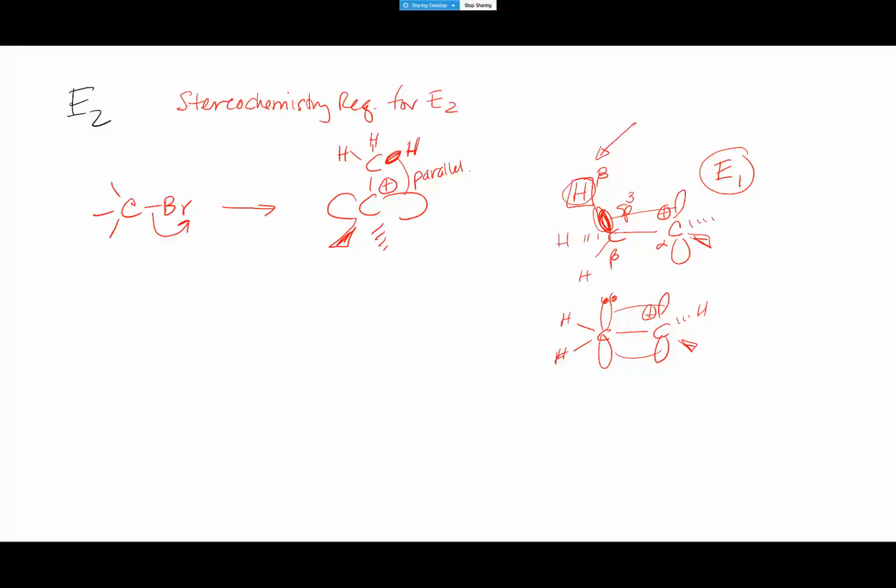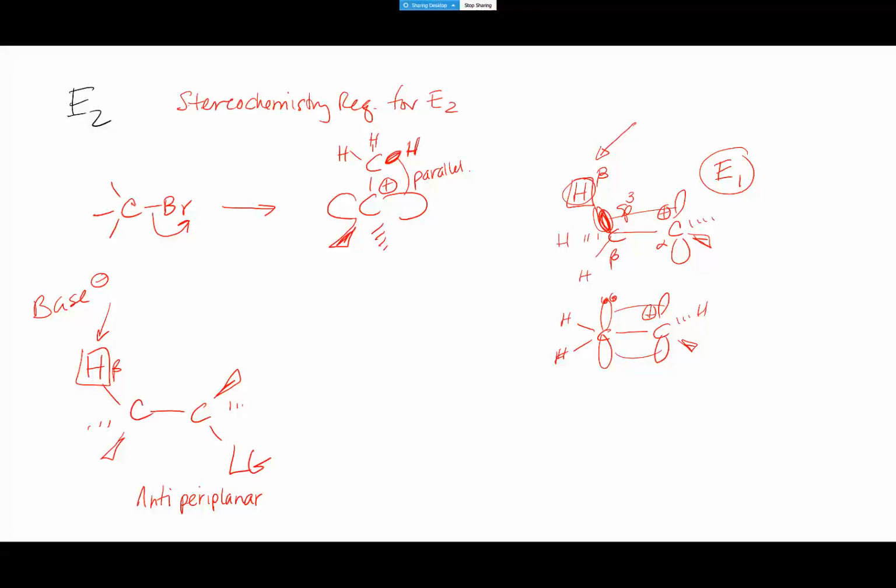But let's do E2. So in E2, it's a different mechanism. And in this case, what has to happen is that the beta hydrogen that's going to be removed by the base, when the base comes in and grabs that beta hydrogen, has to be what's called anti-periplanar to the leaving group.